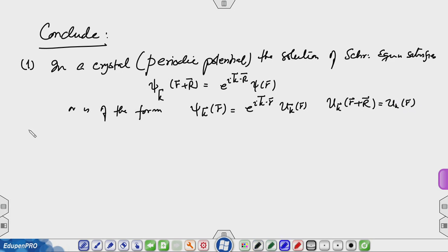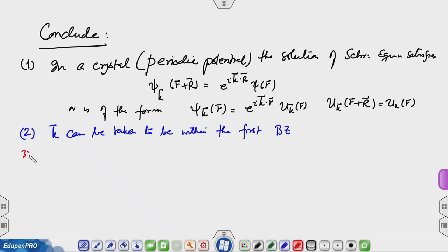Number 2, k can be taken to be within the first Bloch zone.